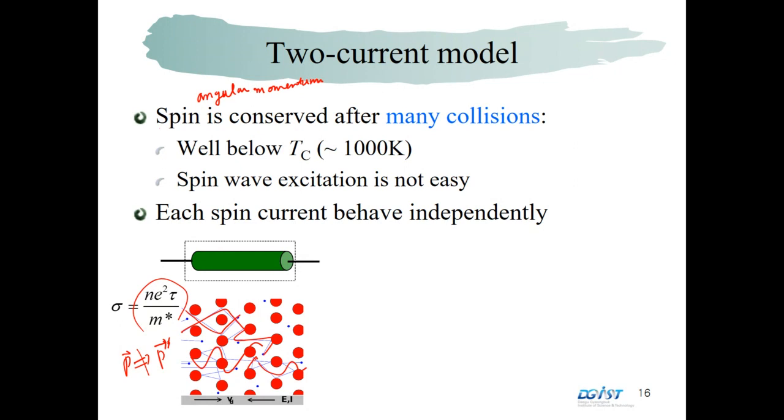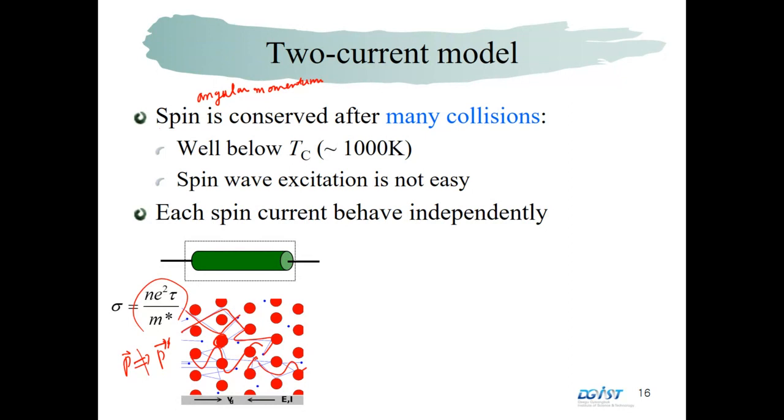Then, by the momentum conservation law, we have to transfer this lost linear momentum to the positive ion. So after collision, the positive ion gets some linear momentum or kinetic energy. That is the cause of the Joule heating.